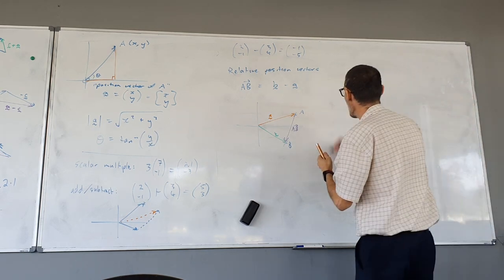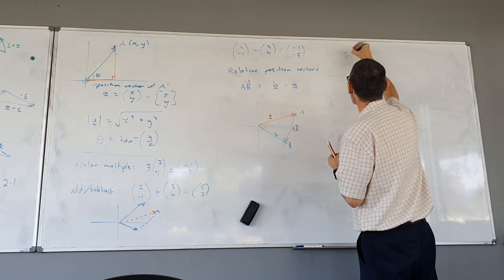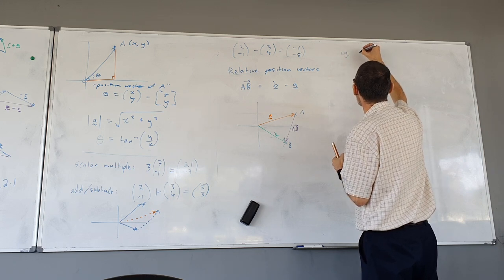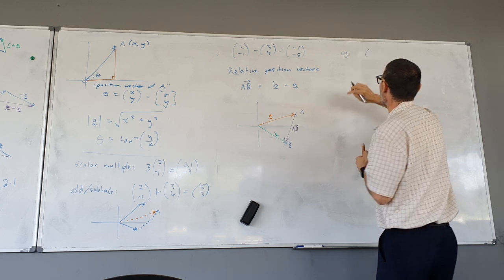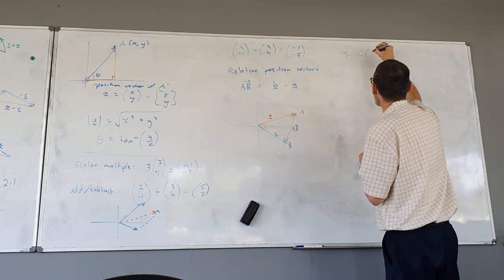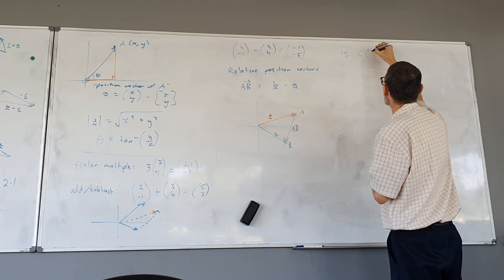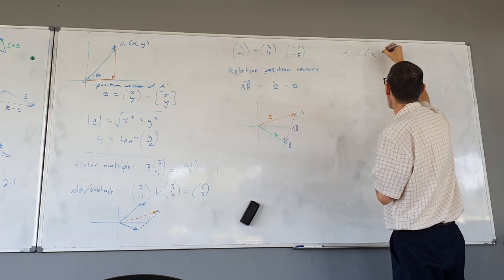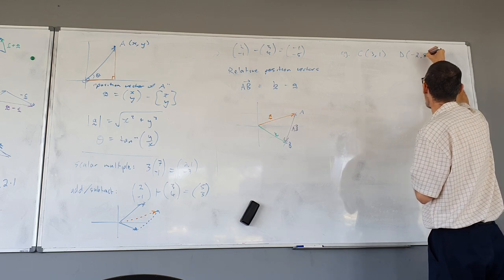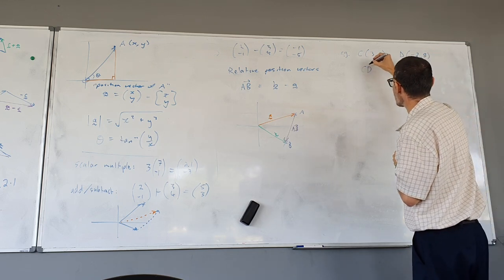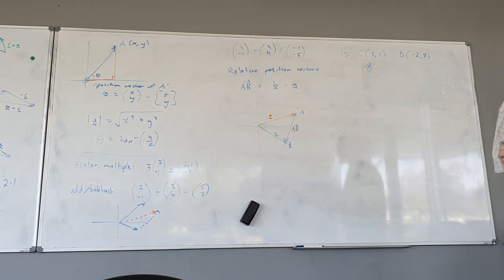So for example, let me use something other than P, let me go, C is the point (3, 1), and D is the point (-2, 8). What is the vector CD? What is the vector that takes me from C to D?